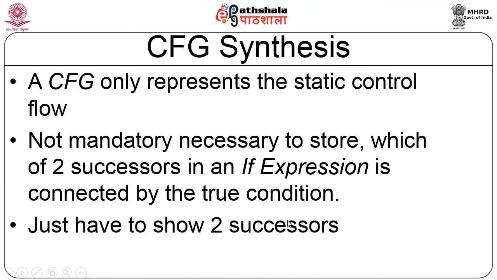You just have to show that two successors are possible. You do not know which is going to be the chosen path, therefore all we have to show in the CFG is two nodes as basic blocks and have controls to both the nodes.